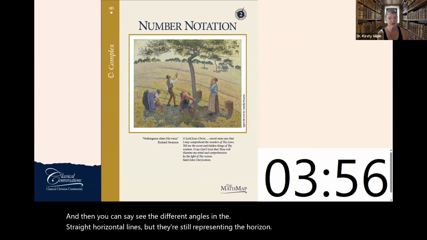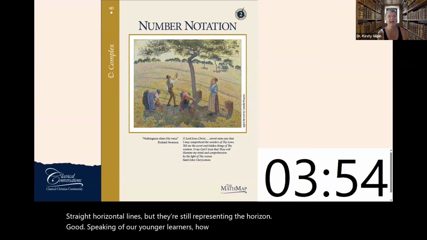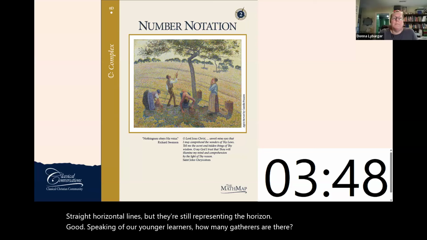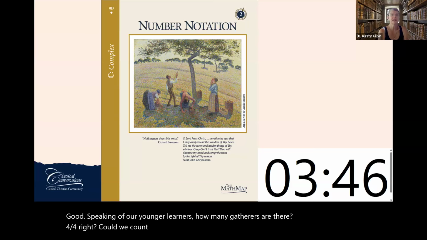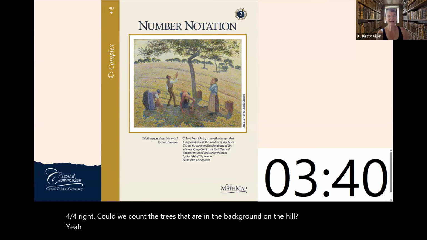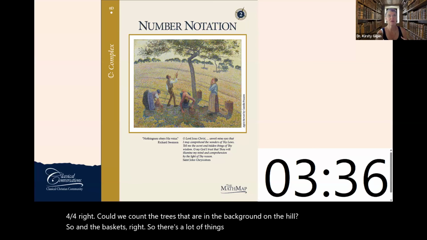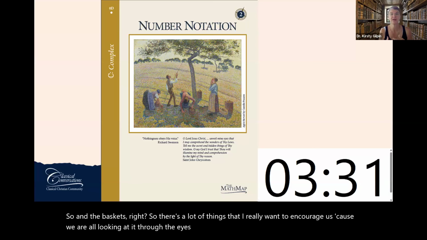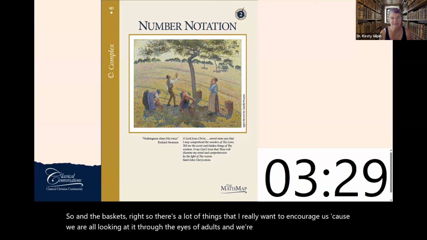Good. And speaking of our younger learners, how many gatherers are there? 4. 4, right? Could we count the trees that are in the background on the hill? Yes. And the baskets. And the baskets, right? So there's a lot of things that, I really want to encourage us because we are all looking at it through the eyes of adults, and we're going to probably go a little bit deeper.